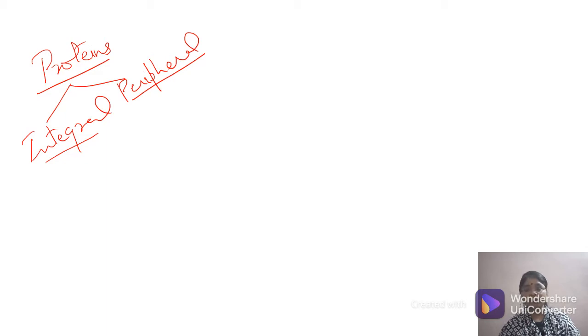The membrane is a highly dynamic structure, and similar types of protein are not present on all the sides, and they play different kinds of roles. Like what they do, the function, they help in transport.